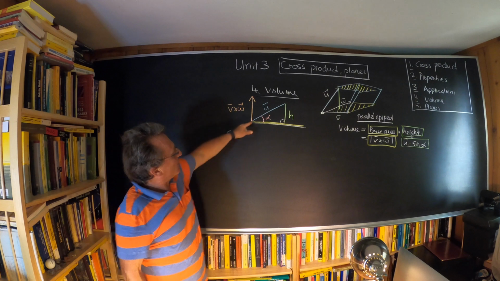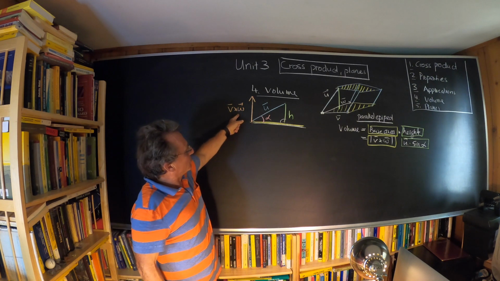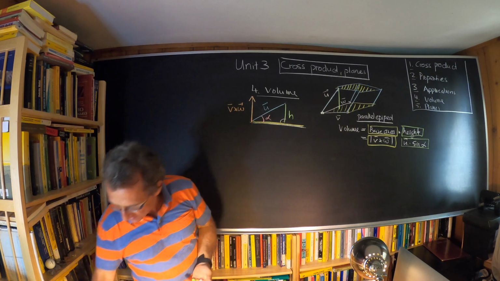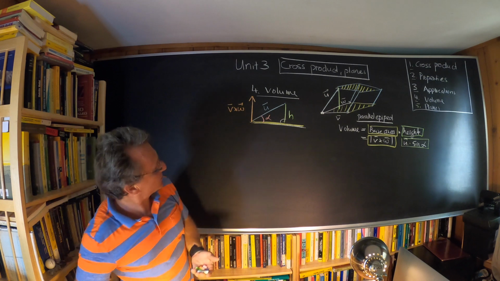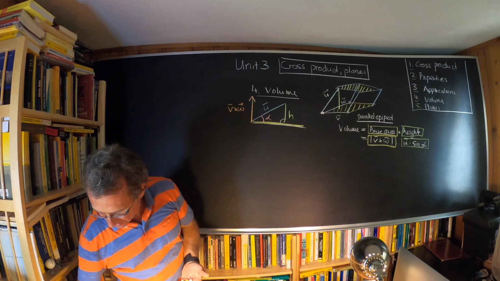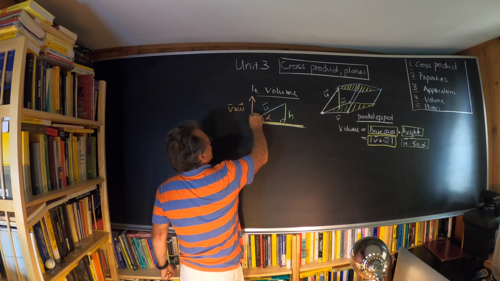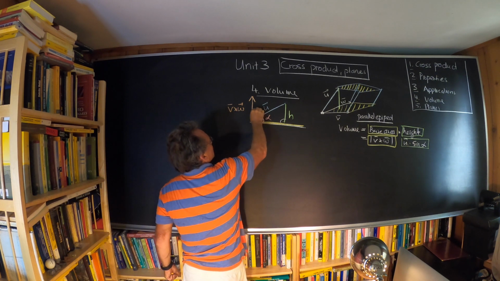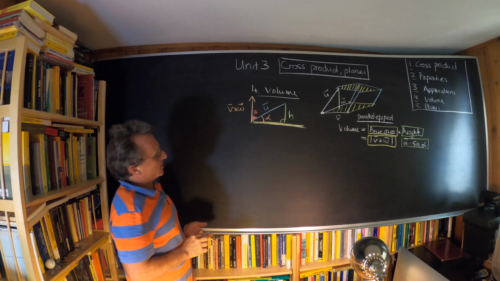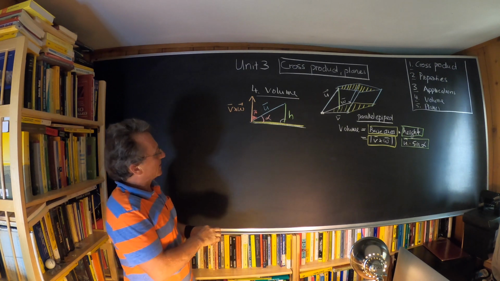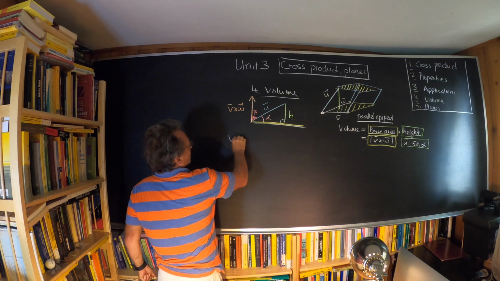But if you have u and v cross w, then we do not have the vector which I drew there. I have this vector here. Maybe I write it with beta here. Let me just do it again.